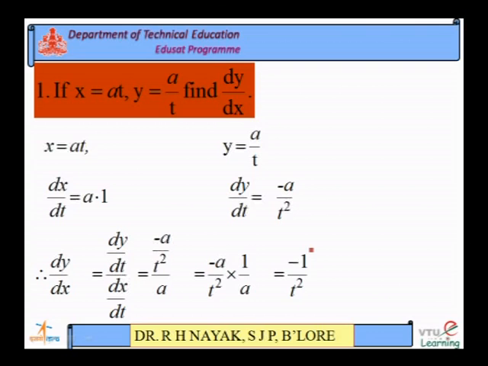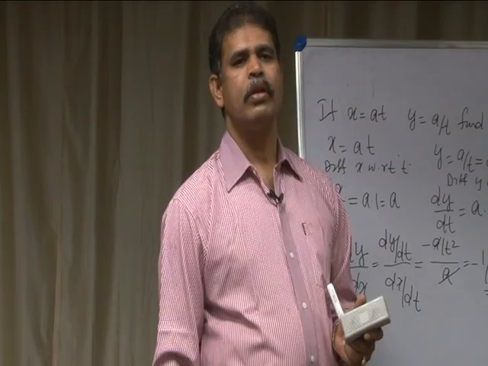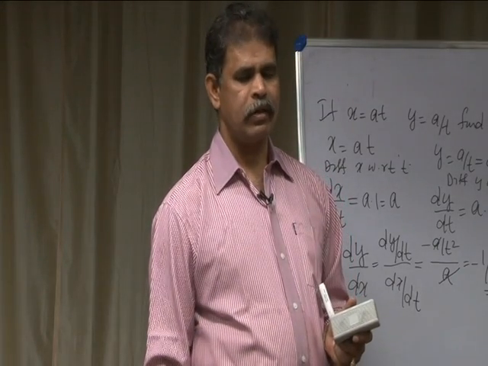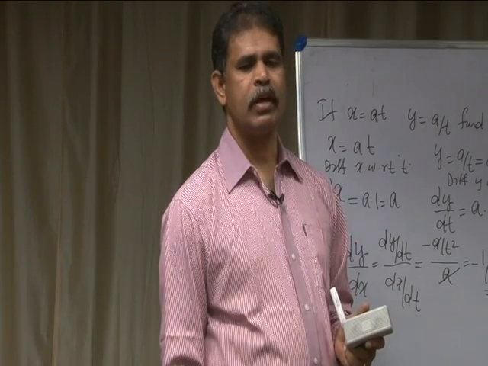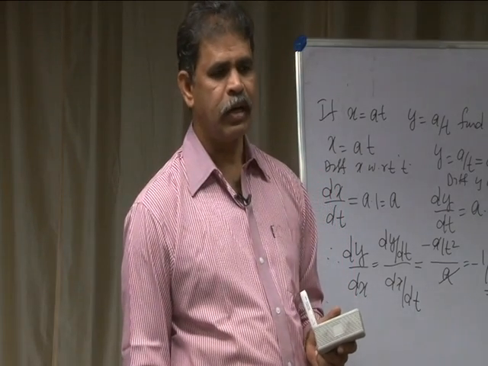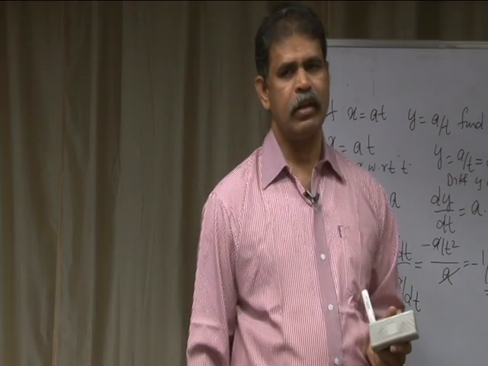Finally, we have to find dy by dx. So, this is our discussion, and in the next class we will continue the derivative of other parametric functions, and one more differentiation is there, that is successive differentiation, that can be discussed in the next class.